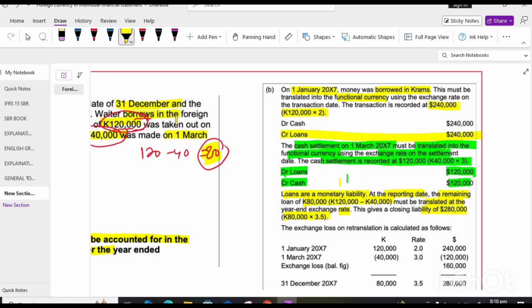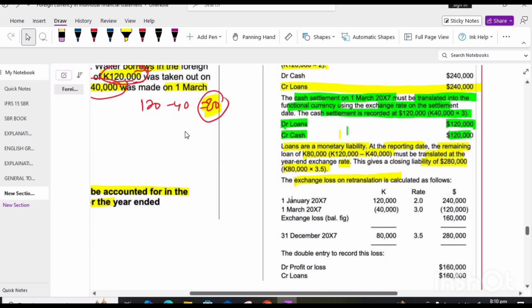Now what you have to do: there are some exchange differences, and that exchange loss should be recognized. If you see here, on 1st January 2007, the 120 translated was this 240 amount. Now you have made some payment, that is 120.